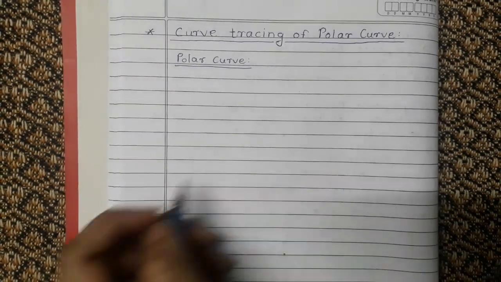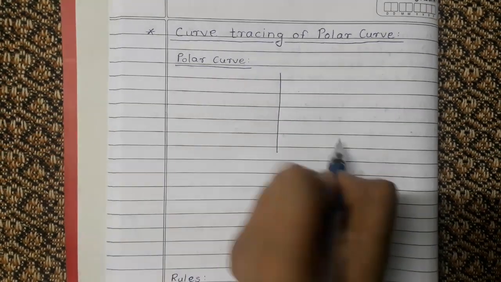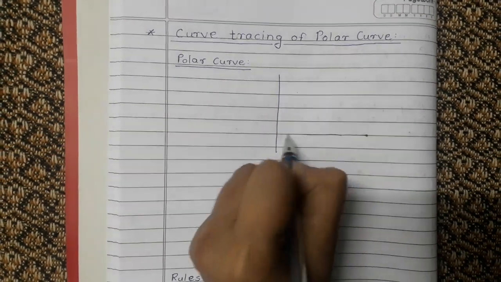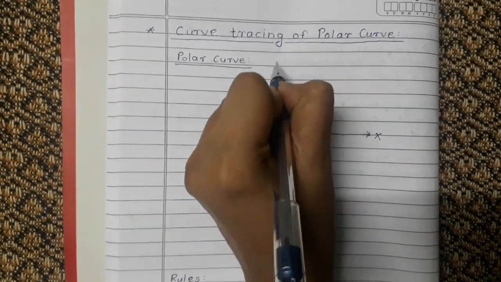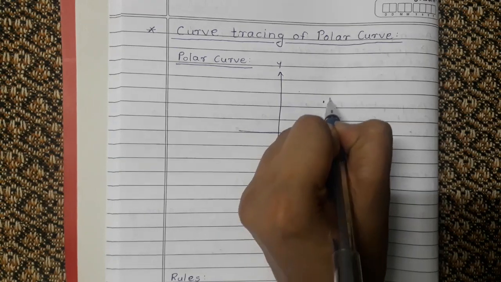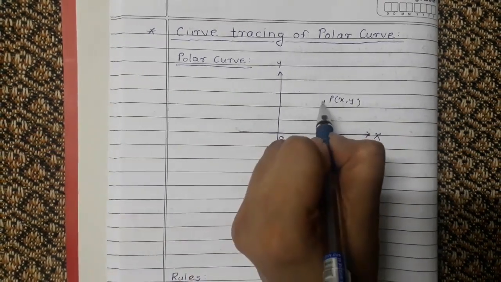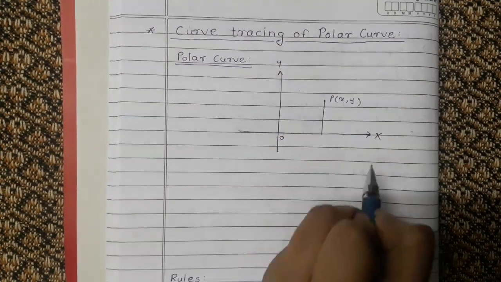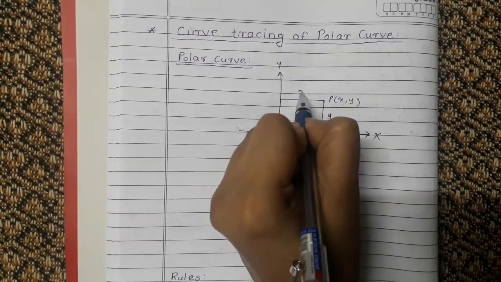See, generally what you do is, this is the x-axis, this is the y-axis, and when you consider any point P, say with coordinates x and y, in that case this distance represents y, and this distance is nothing but x, right?